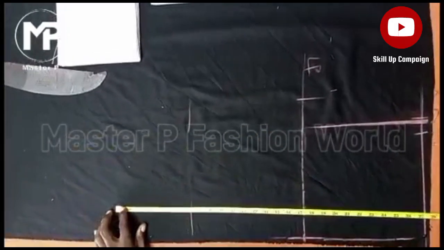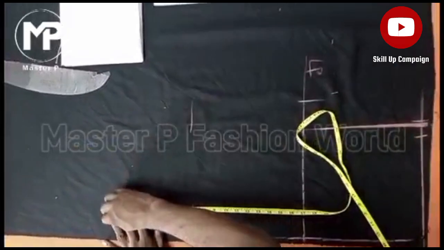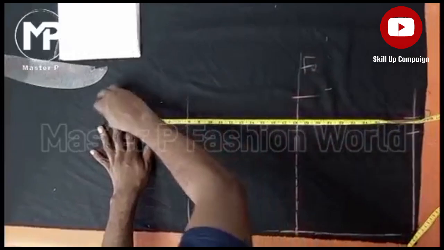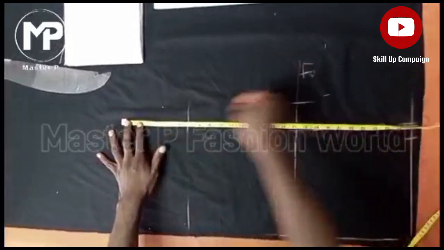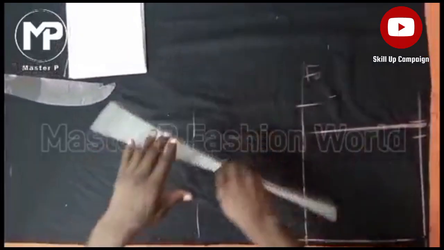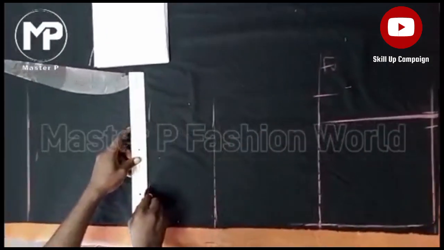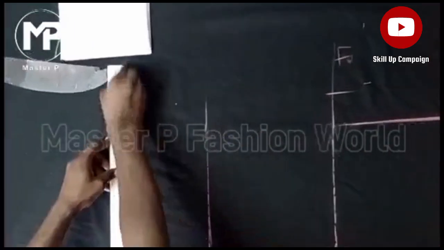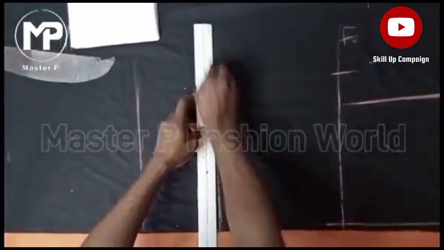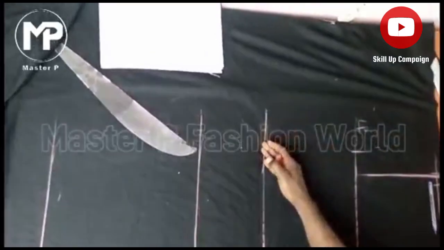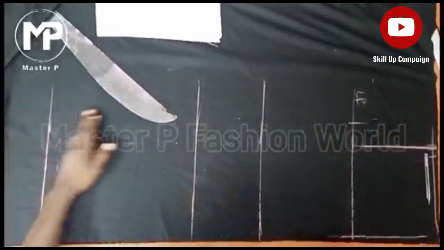We'll be using 27, minus 1 inch. Now we've gotten our waist to knee, waist to calf, and this is the length.